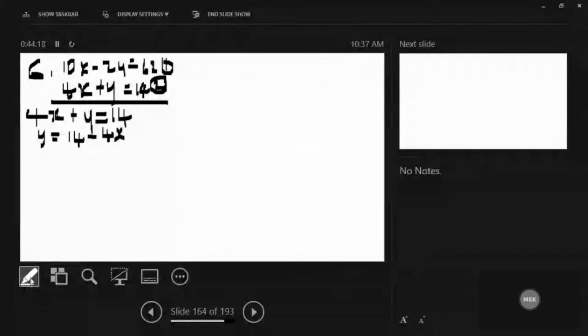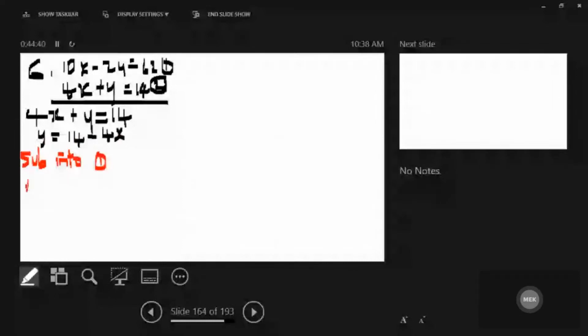And let me change the color. So we're going to substitute that into equation 1. So wherever y is, we're going to put 14 minus 4x.